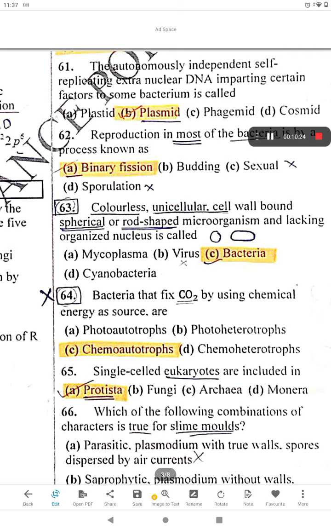So we eliminated Mycoplasma from the options. The remaining are bacteria and cyanobacteria. Now see, cyanobacteria is unicellular, right, but it is not spherical, it is not rod-shaped. So this is also eliminated. So the right answer is the C option, bacteria.